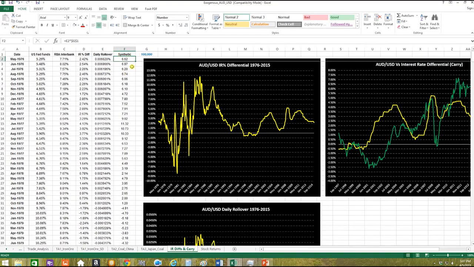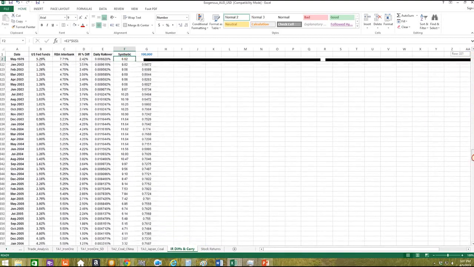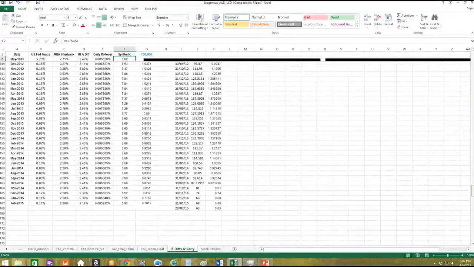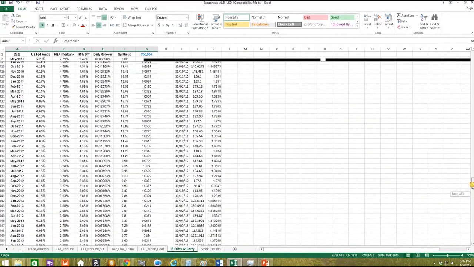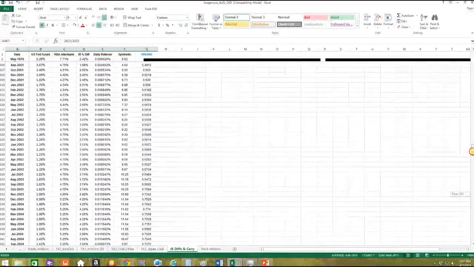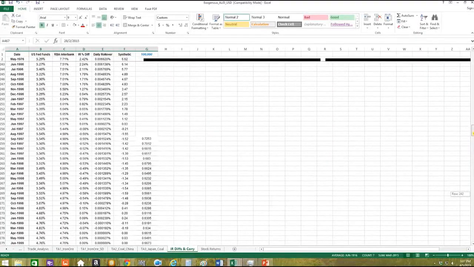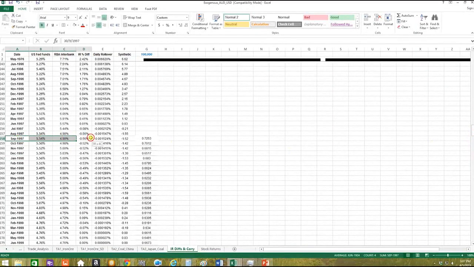So the synthetic rollover on one lot is receiving or paying $6.62 per day. And you can see with the data, we're going all the way up to February 2015. And you can also see here that we have our Aussie dollar, US dollar data going back to September 97.